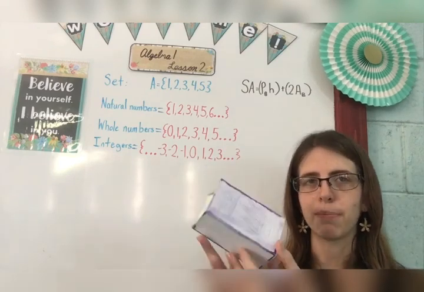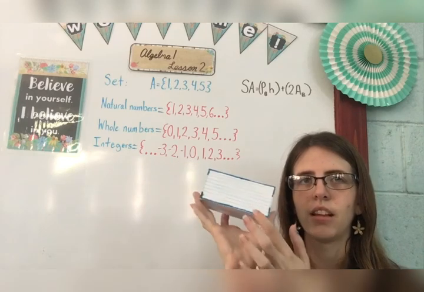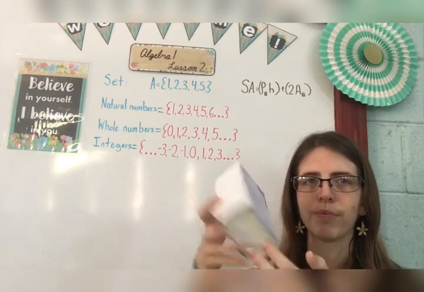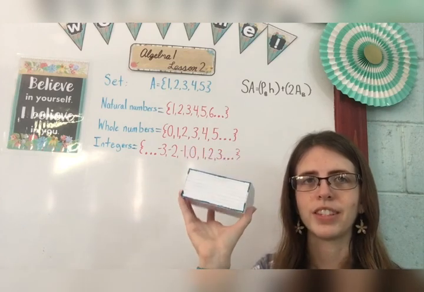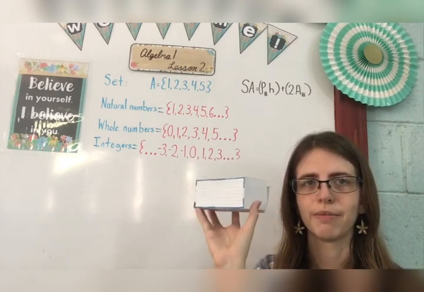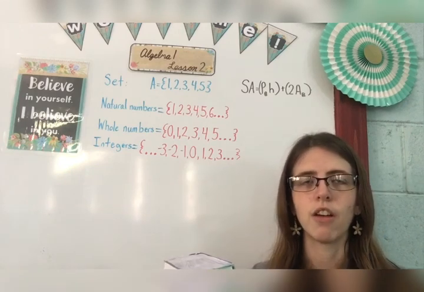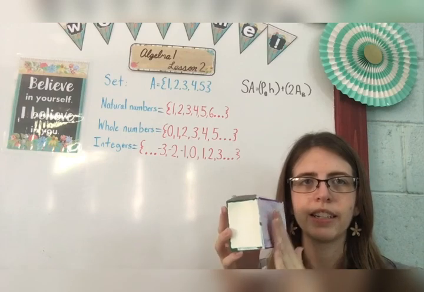So here's my shape, right? The base, I'm going to say, is this shape. There's 2 of them, and they're the same size. So to find the surface area, now this only works for a right solid.